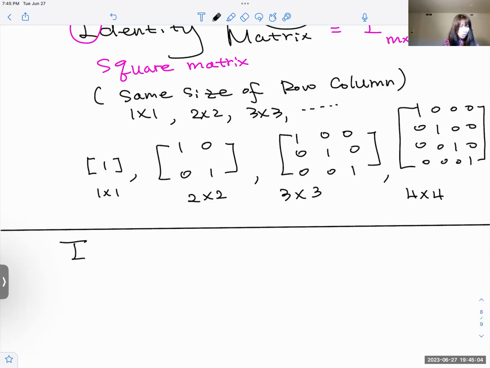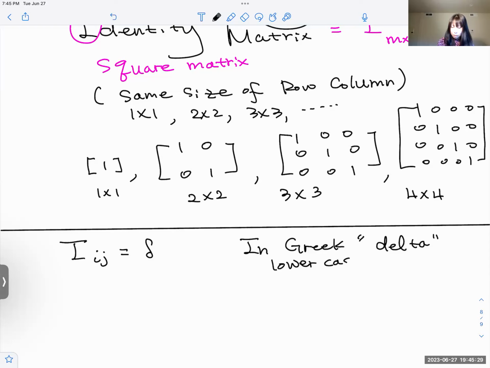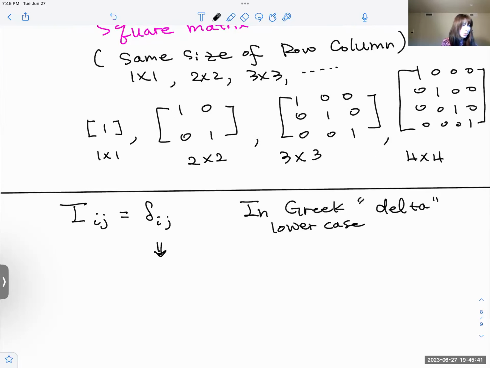For the identity matrix, the ij entry is the same as, in Greek, lowercase delta. They use delta sub ij, and they call that one the Kronecker symbol. Too many names.